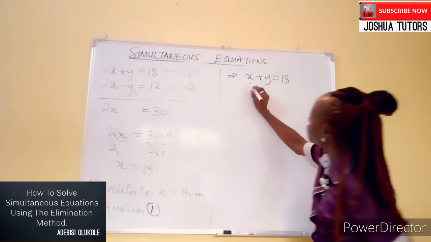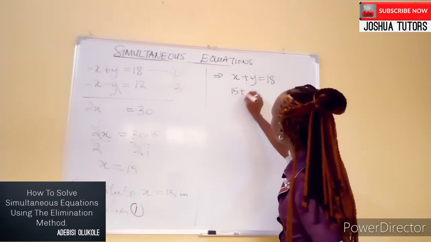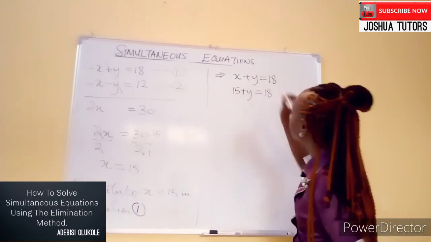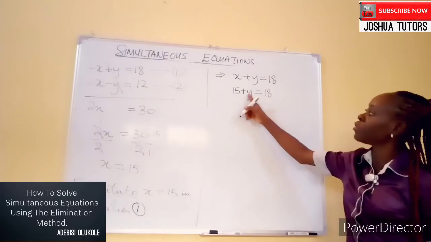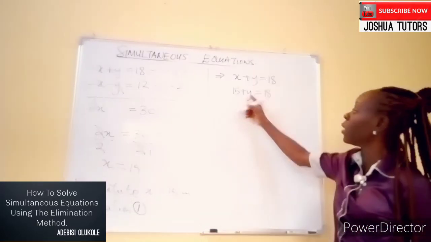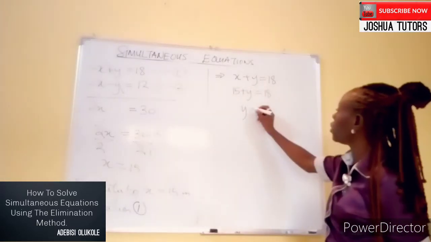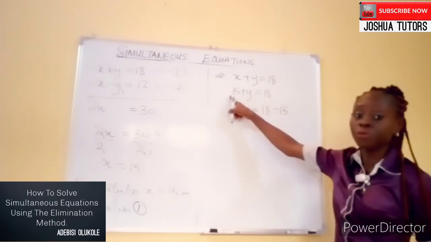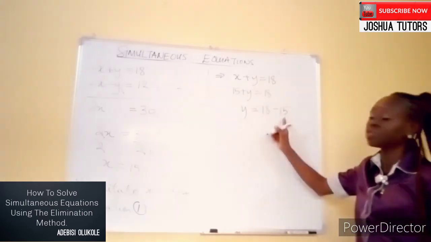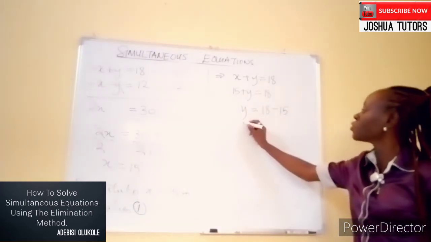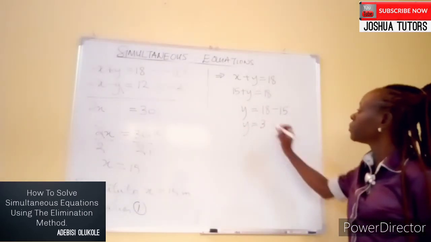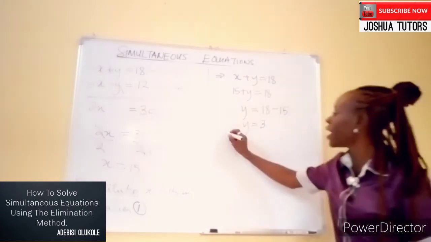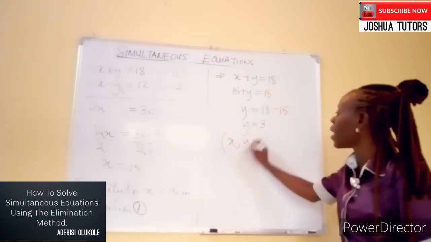X is 15, so I substitute 15 here. 15 plus y equal to 18. The coefficient of y is already positive, so I leave y where it is. And I move 15 to the other side. So I have 18 minus 15. Take note, 15 is plus here. When it crosses over, it becomes minus 15. So y equals 3. Remember the ordered pair, it has to be x, comma, y.